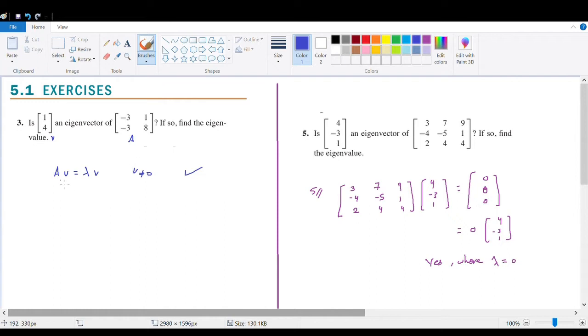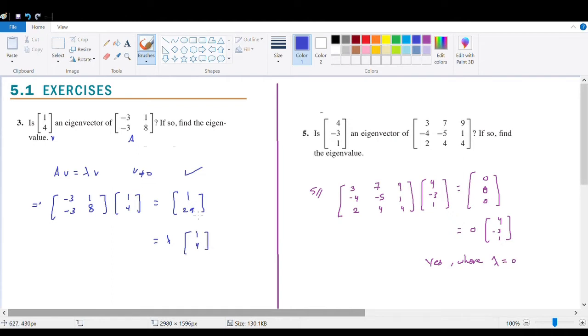So now let us find AV. Our matrix A is [-3, -3; 1, 8], multiplied by the vector [1, 4], which is equal to minus 3 plus 4, which is 1, and minus 3 plus 32, which is 29. Could we write this as lambda multiplied by [1, 4]?